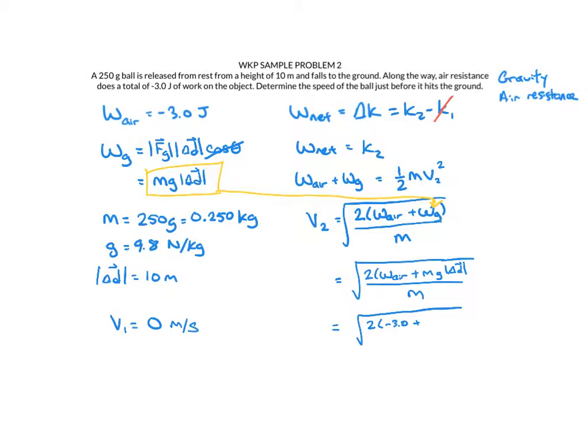Mass is 0.25 times 9.8 times 10, all divided by the mass of 0.25. Okay, put that all in the calculator. I won't do it all at once. I'm going to do the brackets first.